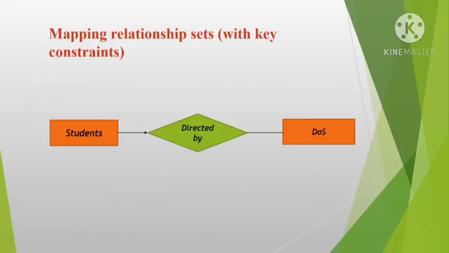And this is the SQL code. Mapping relationship set with key constraints. Here there are two entities, student and DOS, and directed by is the relationship between these two entities. The relationship is always shown by a diamond symbol.